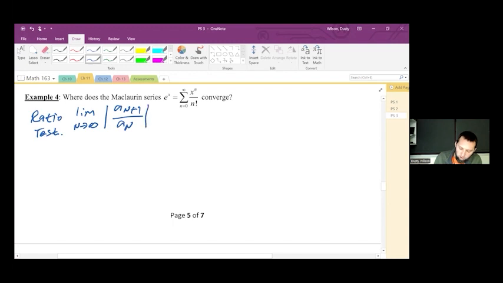an plus 1 over an, which would be the limit as n goes to infinity of, now here we've got to work a little harder. So it'd be x to the n plus 1 over n plus 1 factorial over x to the n over n factorial.